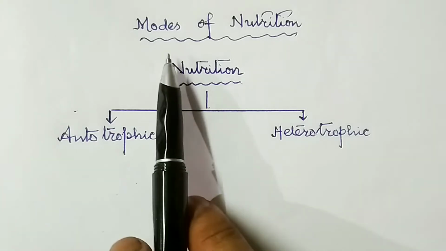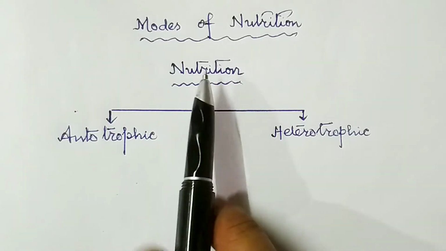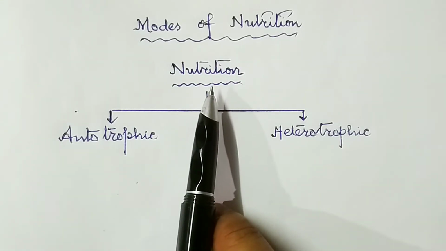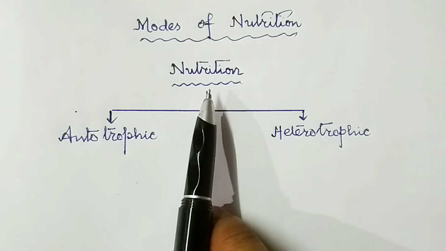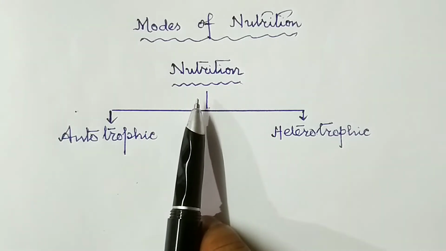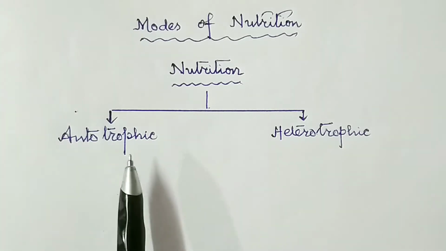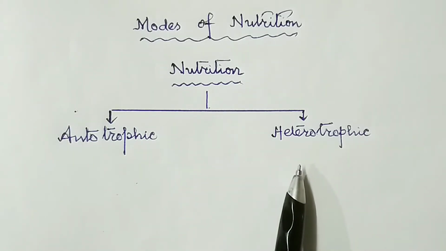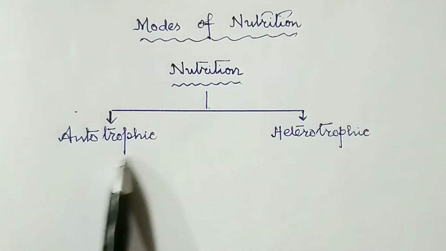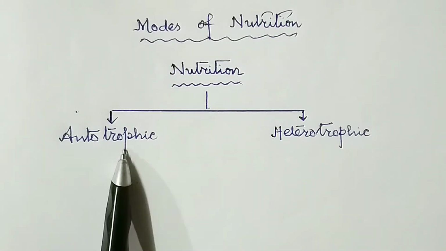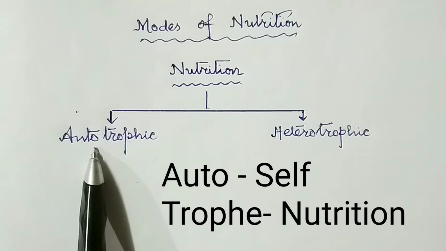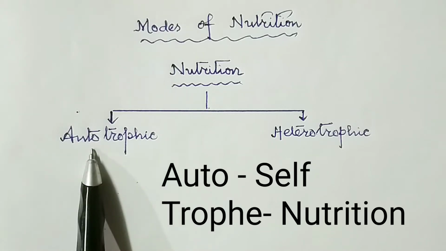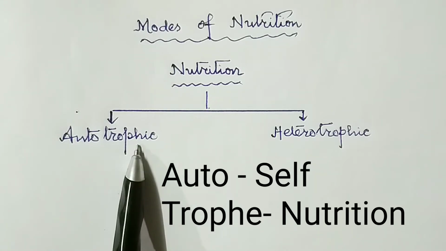Now we will discuss modes of nutrition. Organisms differ from each other in their modes of deriving nutrients from the surroundings. There are mainly two modes of nutrition: one is called autotrophic nutrition and the other is heterotrophic nutrition. The word autotrophic is derived from two Greek words, auto meaning self and trophy meaning nutrition.